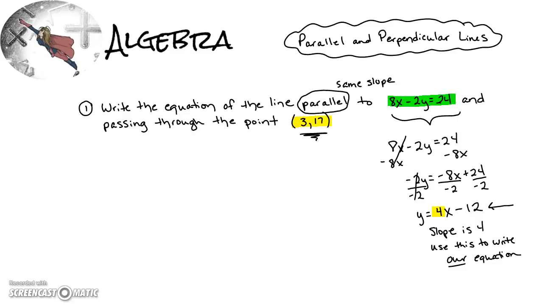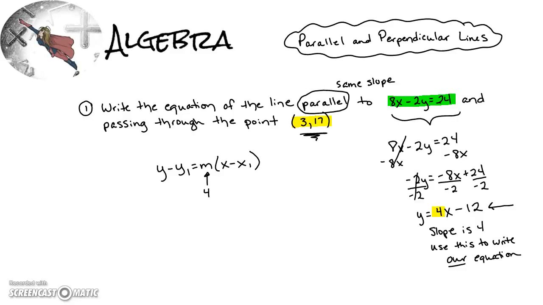Now, the form that I like to use is point slope form, which is y minus y1 equals m times x minus x1, because it's super easy to plug into, and even if your teacher wants you to write it in slope-intercept form, you can still do that. You just have to change it at the very end so that y is alone. So what we're going to do is plug in everything we can into this equation. The m is 4.